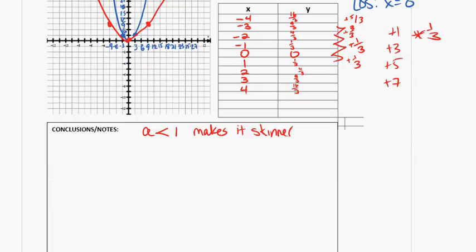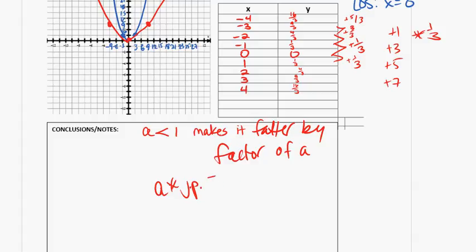Okay, so A less than 1 doesn't make it skinnier, it makes it fatter by factor of A, or A times jump pattern equals new jumps. HK still remains my vertex.